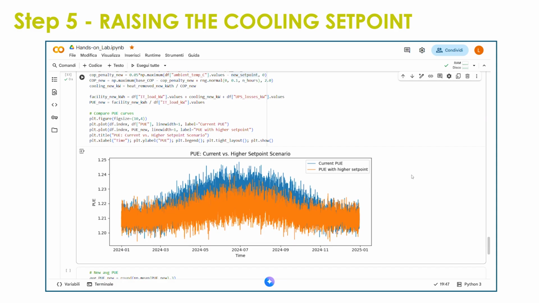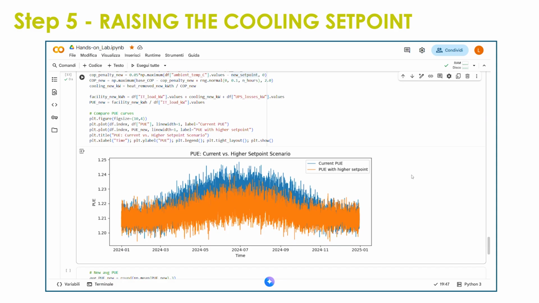In this plot, we can compare the PUE in the current case with the PUE in this new case with a higher set point. As we can see, with a higher set point, there is a lower cooling demand. Therefore, the PUE is lower than the base case, since it is less dependent on the ambient temperature.